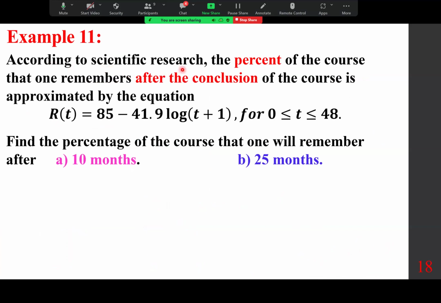According to scientific research, the percent of the course that one remembers after the conclusion of the course is approximated by the equation r of t equals 85 minus 41.9 log of t plus 1, for t being between 0 and 48.